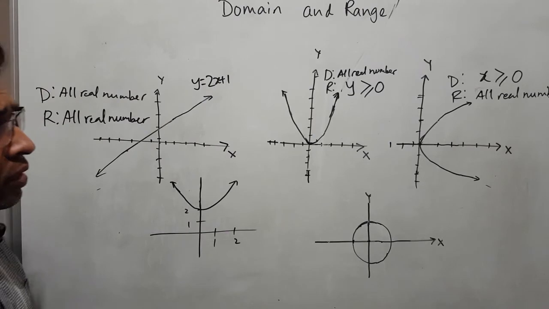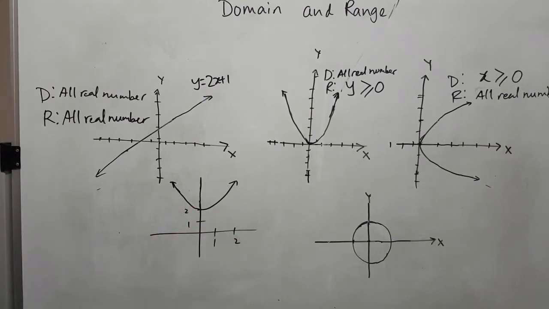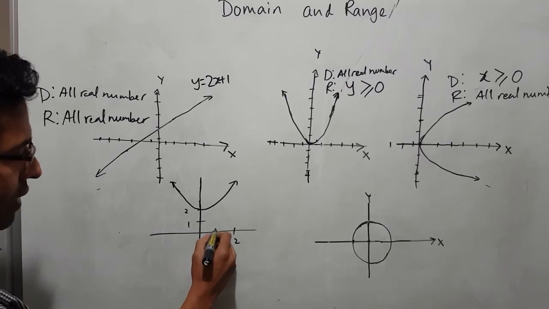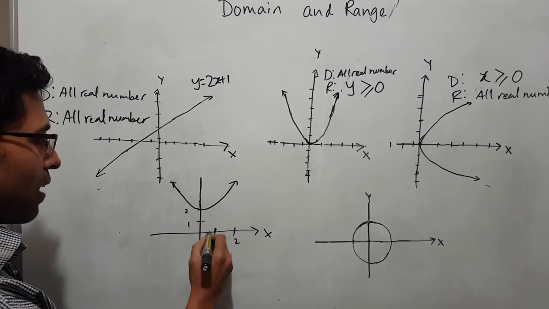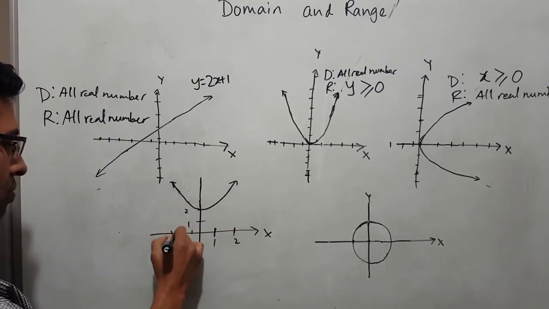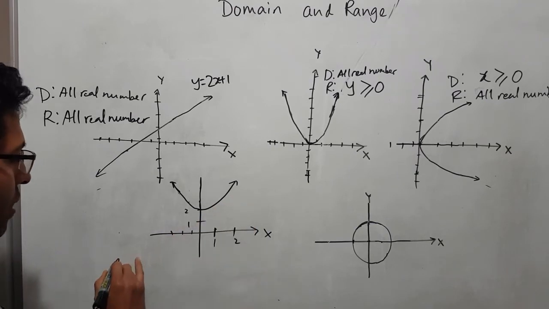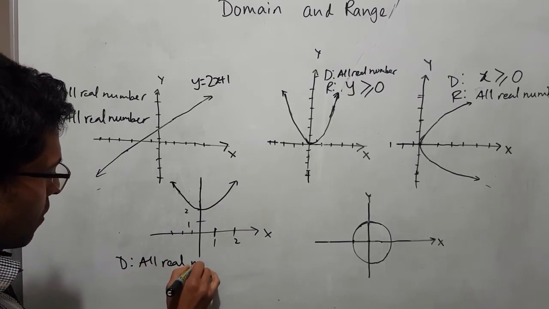Okay. Now, if we look at this one, this is also a parabola. But when you see the x-axis, the graph is going to all positive x, yes. The graph is going to all negative x as well. So I say, okay, our domain will be all real numbers.